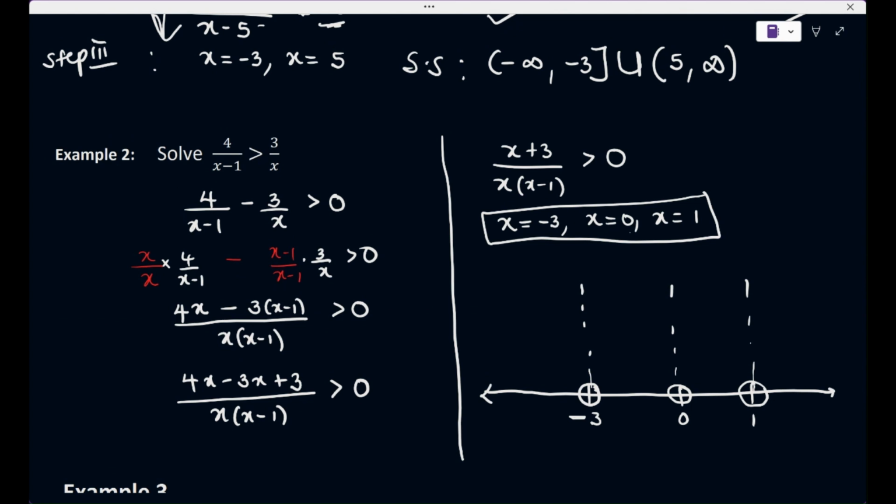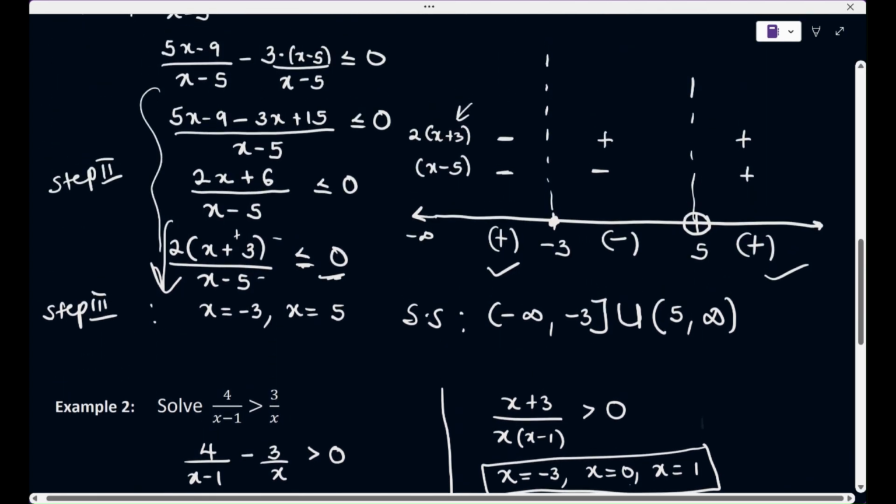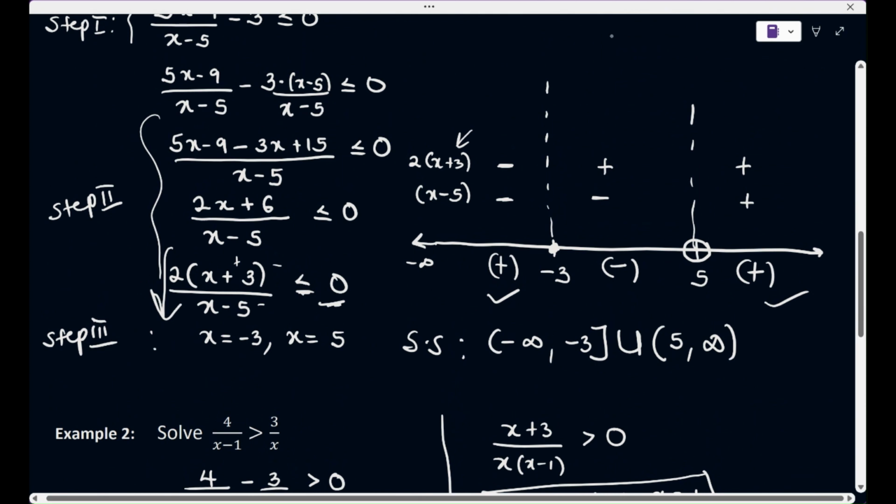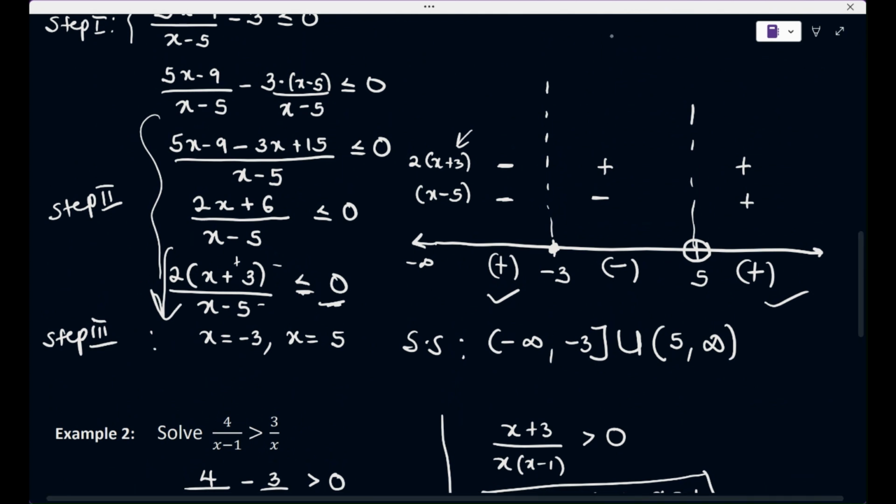And the reason why we're opening it in this case is there is no equal to 0. Unlike the first example we did, we closed the 0 coming from the numerator, because we had what? If you look at here we have less than or equal to 0. So there is equal to 0. And that's why we closed minus 3. Okay.